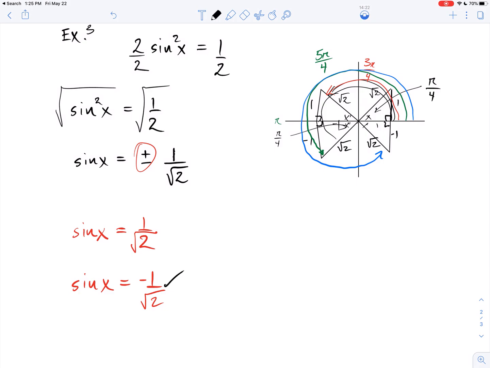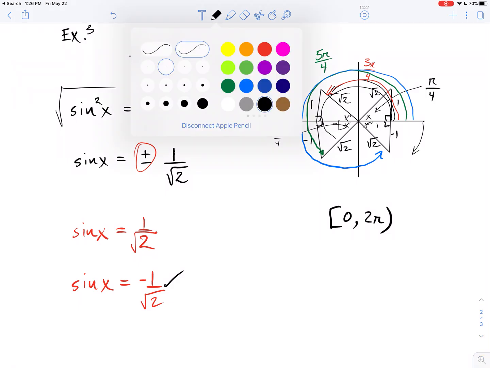That makes this angle inside here, x triple prime, a pi over 4th angle, but that's not the answer. They don't want pi over 4. And they don't want me to say, oh, negative pi fourths. That's not in my interval. They don't want any negative answers.